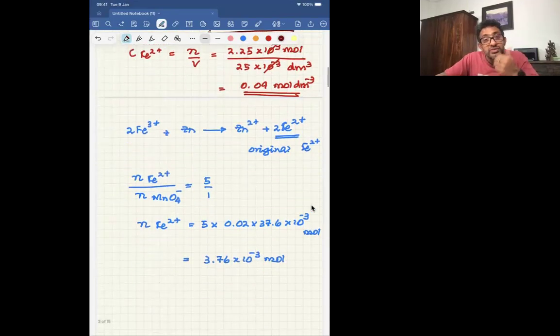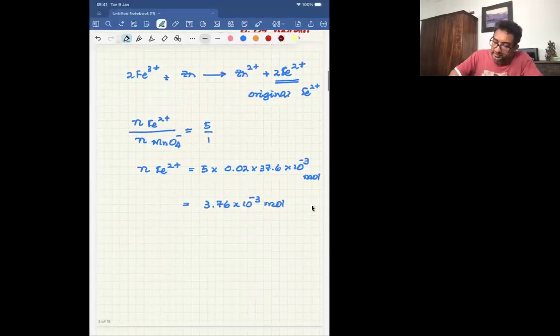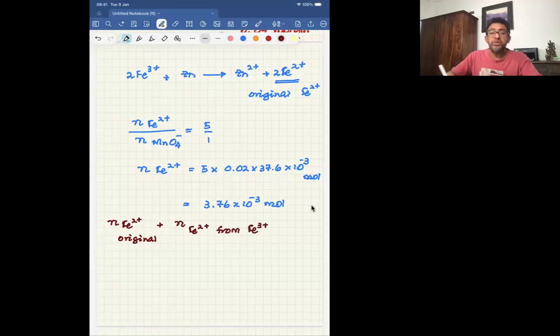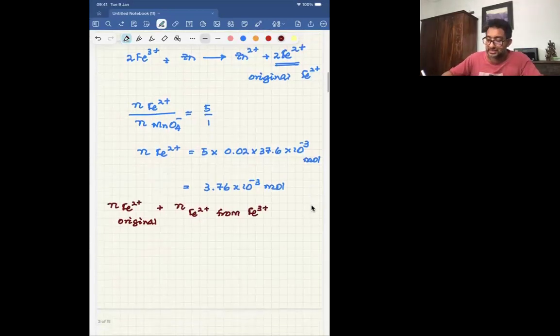So you have to subtract that to give you the number of moles of Fe+2 formed by Fe+3. This total is the number of Fe+2 original plus the number of moles of Fe+2 from Fe+3. Both together is equal to 3.76.